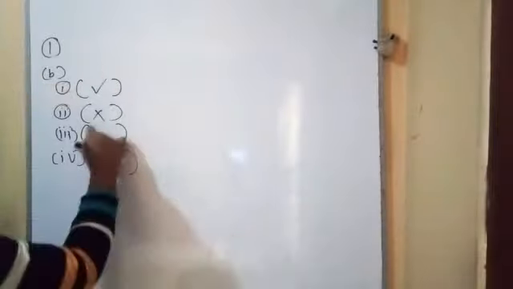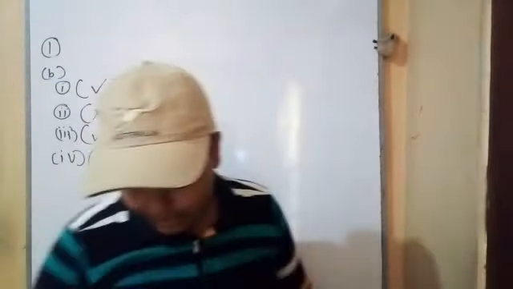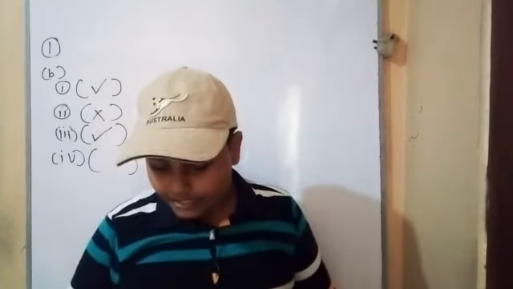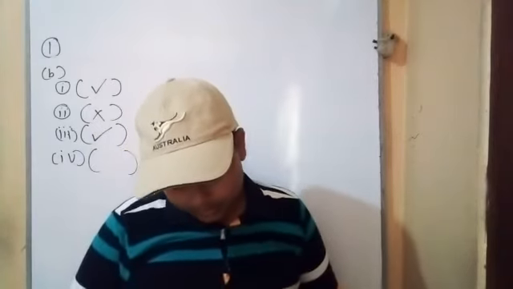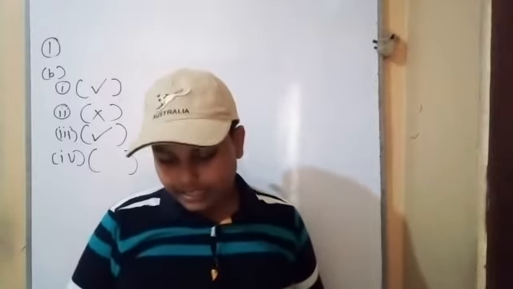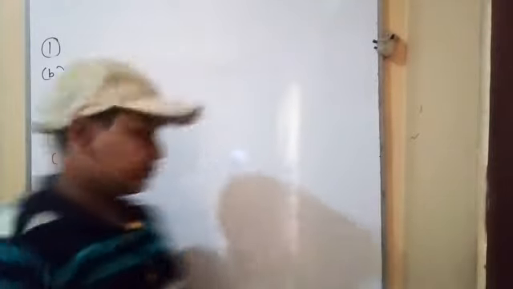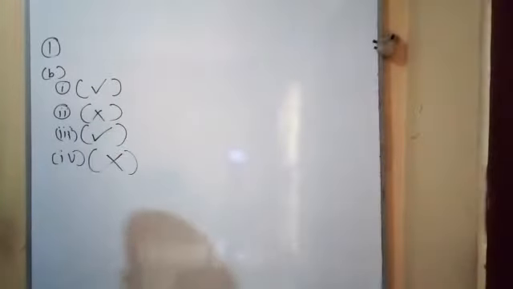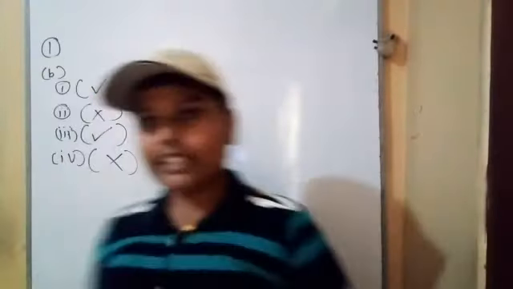Yes. Now the fourth one, any multiple of 3 from 1 to 10 is an element of G. Wrong. Now these are the answers.